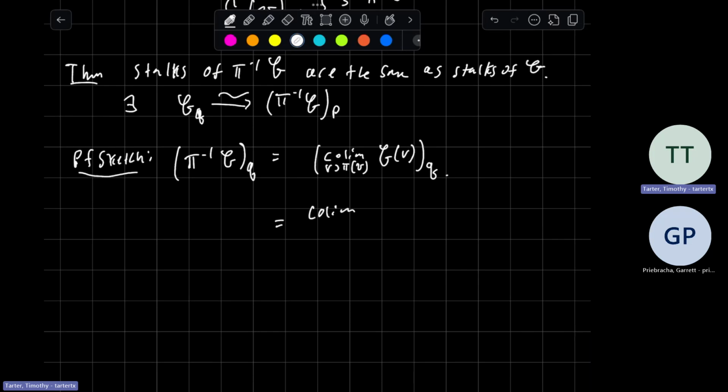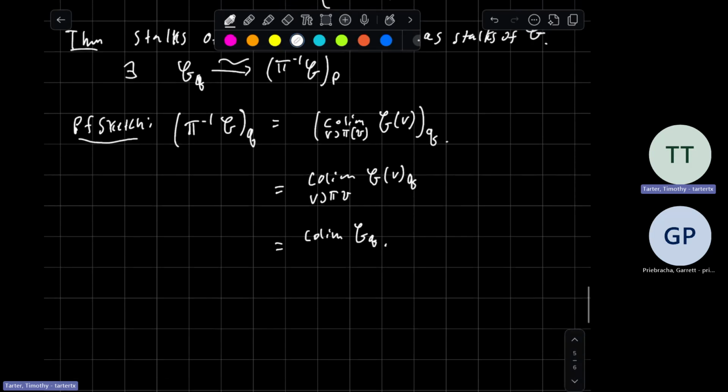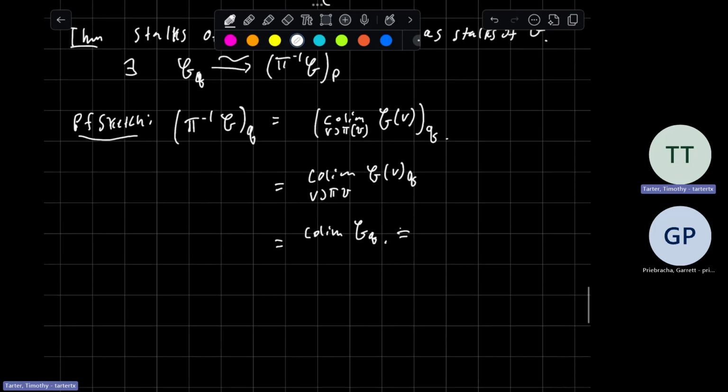So this is the colimit over V containing pi of U of G of V localized to Q, which is the colimit of G localized to Q, which has a bijection to G of Q.